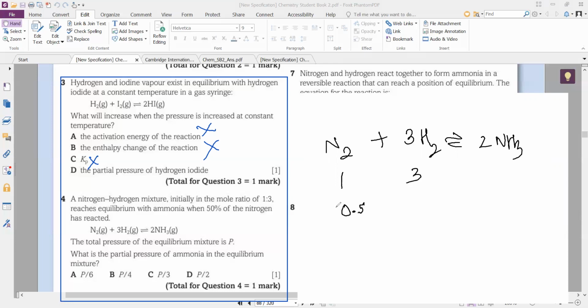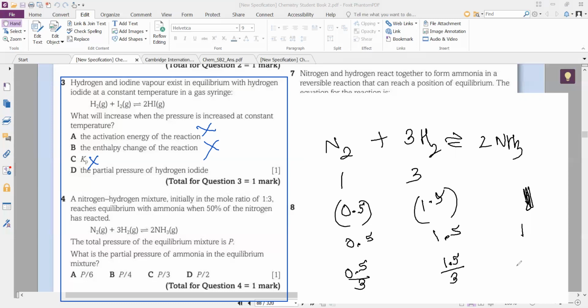So 0.5 reacted, 1.5 reacted, 1 to 3 ratio, forming 1. At equilibrium, you have 0.5, 1.5, and 1. Mole fractions are 0.5 over 3, 1.5 over 3, and 1 over 3.